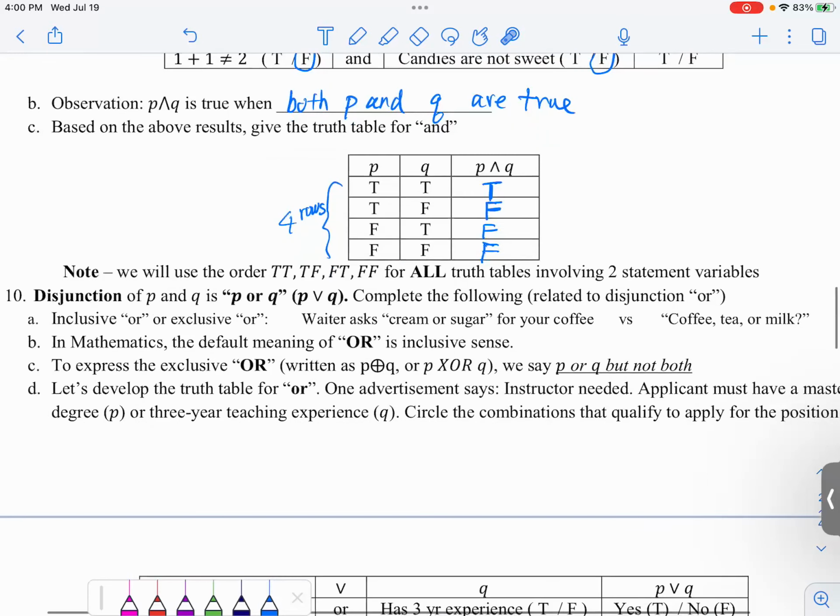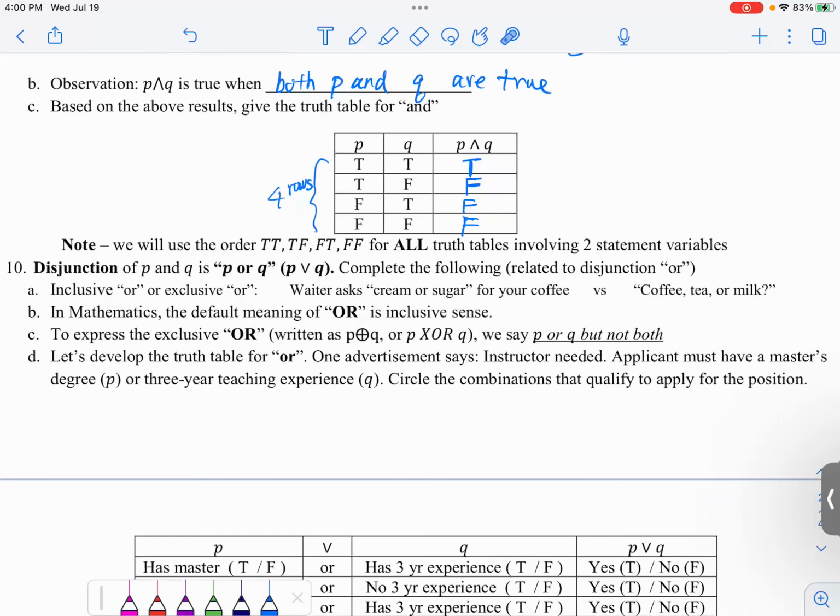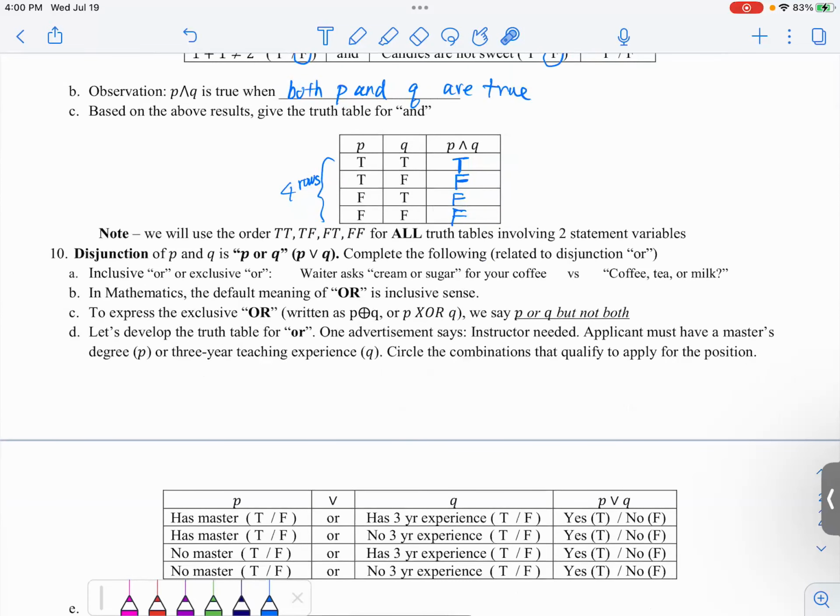Now, the disjunction of P and Q is P or Q. We write P or Q. We have to be a little careful. In everyday English, or can mean sometimes inclusive or exclusive or.